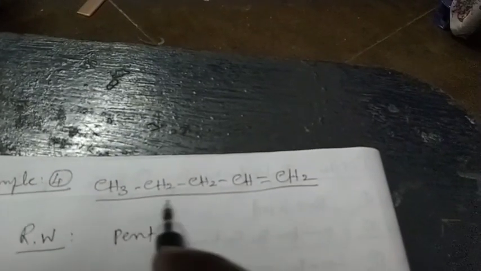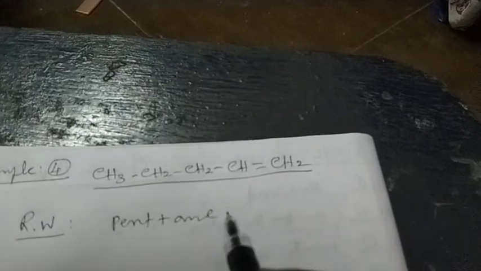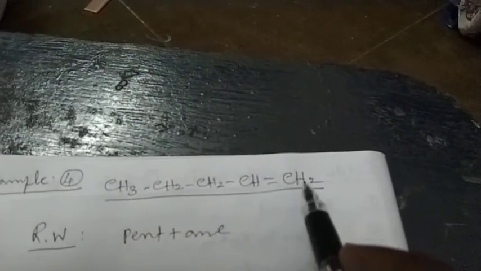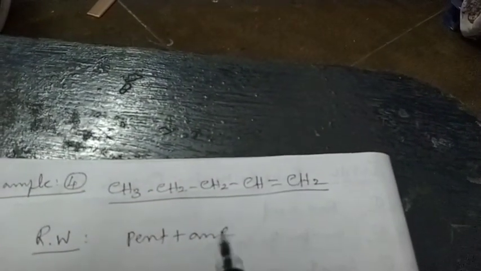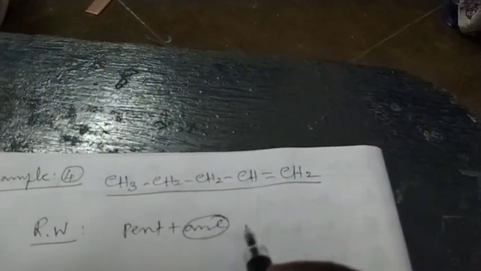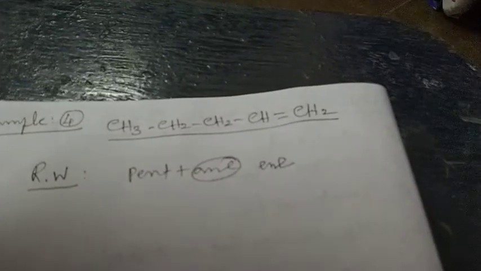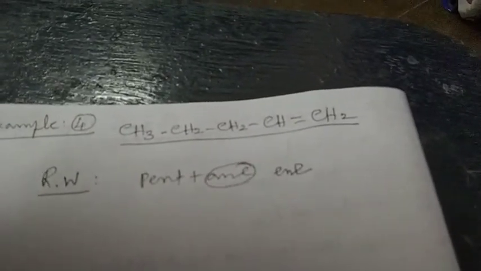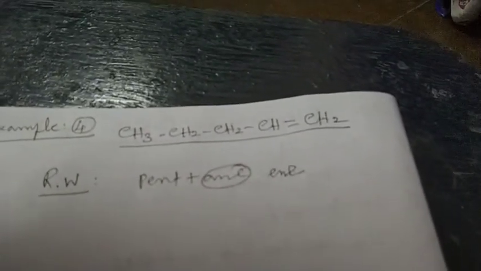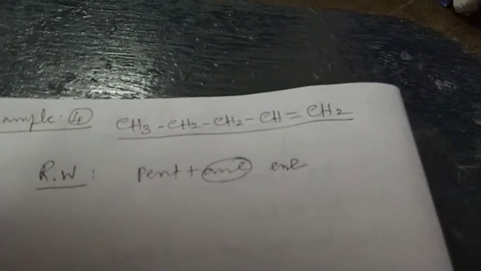Usually if it is a single bond, we write ANE. But here a double bond is given, so instead of ANE, we write ENE. A double bond means alkene, and alkenes end with ENE. So the suffix will be ENE.